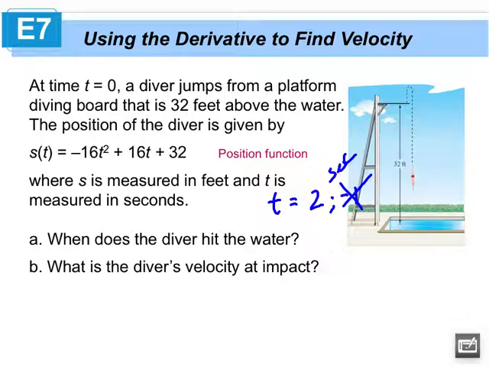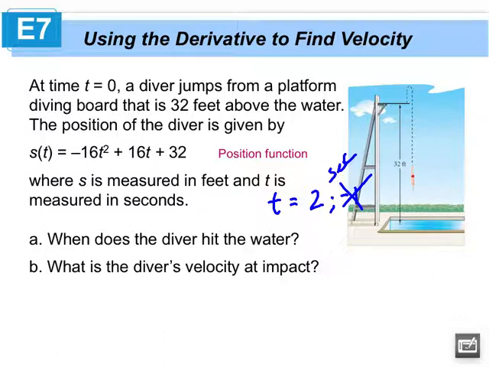Alex, how do I find the instantaneous velocity? It's calculus. Sam? The derivative that you plug into. Yeah, take the derivative.